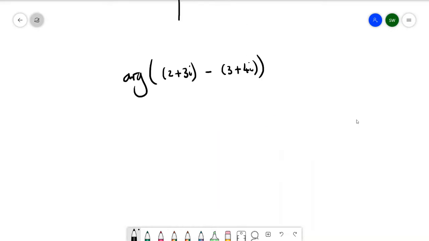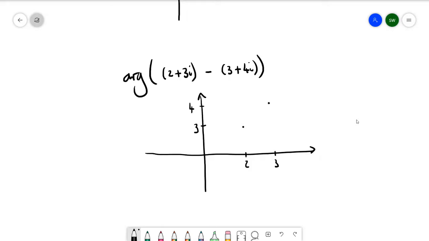Here we've got the argument of one complex number take away another complex number. So let's sketch these two complex numbers. We've got 2 plus 3i and we've got a point 3 plus 4i. And we could obviously just simplify this and say that this is just the argument of minus 1 minus i, and then work out what's the argument of minus 1 minus i.